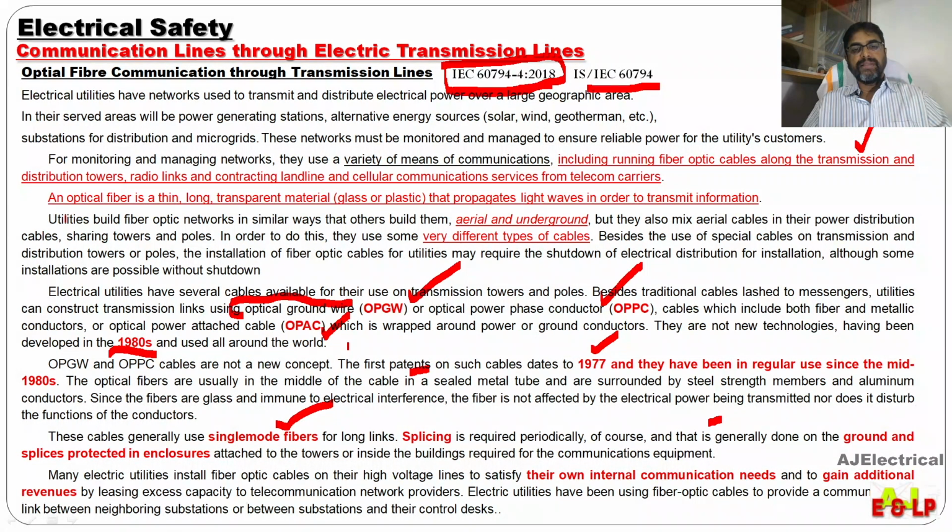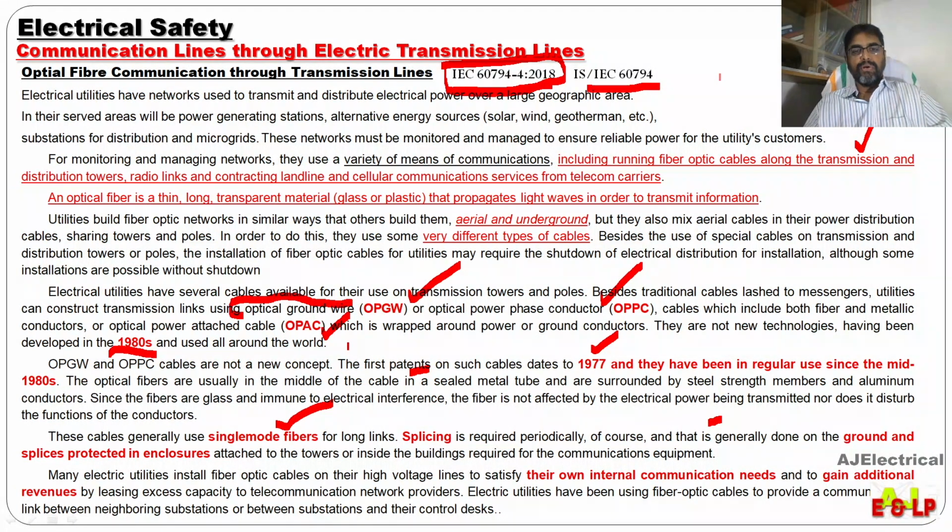See, another thing, the joining of the fibers is technically called splicing. We know it is done in the neighborhood of transmission towers, so splicing should be carefully handled.